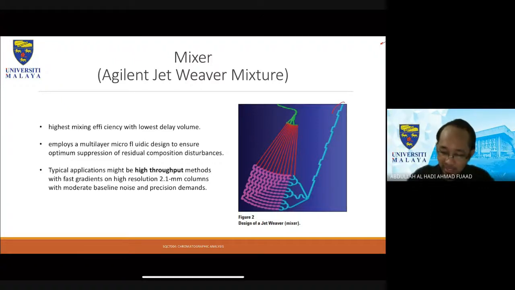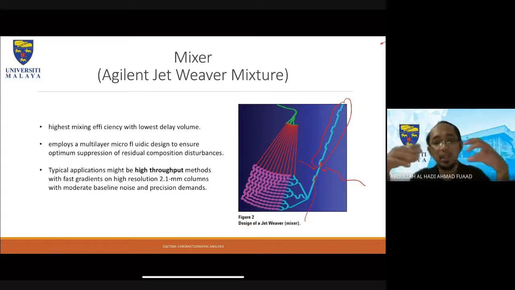For example, just one like that, and then you have another one over here, another one over here, and you have 4 solenoids that open and close depending on the system that you set. But the Agilent Jet Weaver mixer is a different type of system, with the highest mixing efficiency and the lowest dead volume. It employs a multi-layer microfluidic design to ensure optimal suppression of residual composition disturbance.